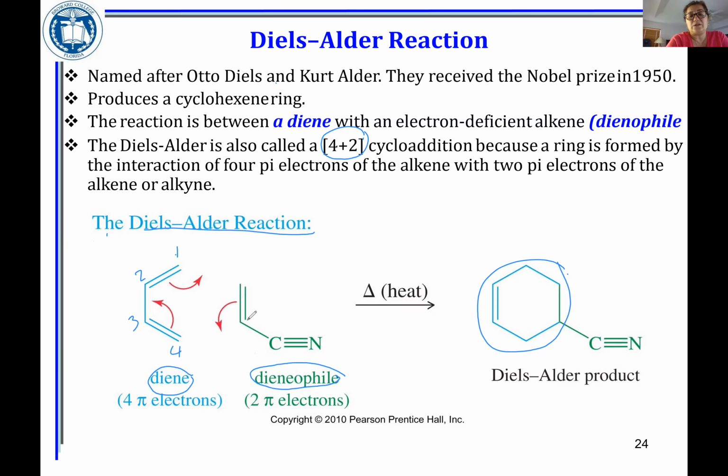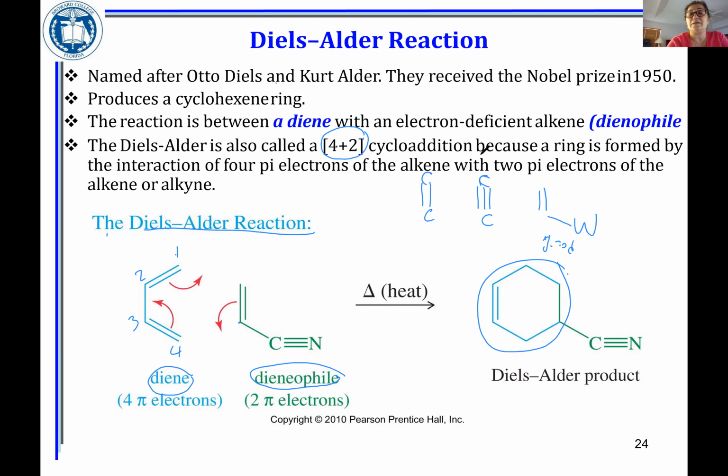What makes a dienophile a good dienophile? What's the primary condition? The primary condition for a dienophile is that it must be a carbon-carbon, either double bond or triple bond. So if you have a carbon-carbon double bond, simply a C-C bond, this is a dienophile. If you have a triple bond, that is a dienophile. If you have a double bond with an electron withdrawing group, that is a good dienophile.